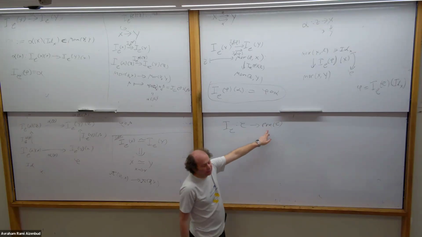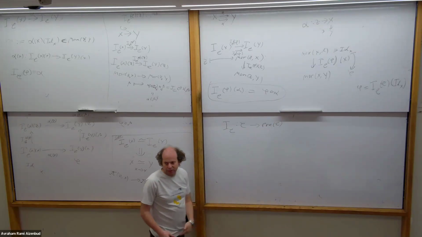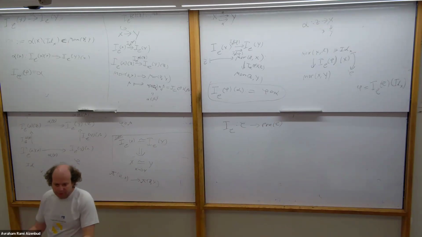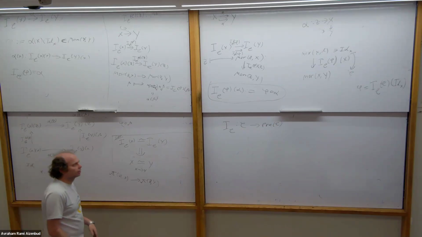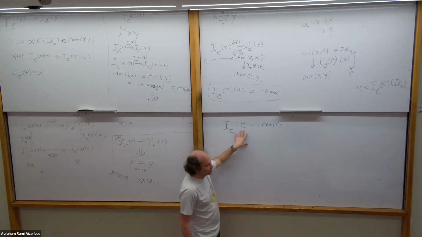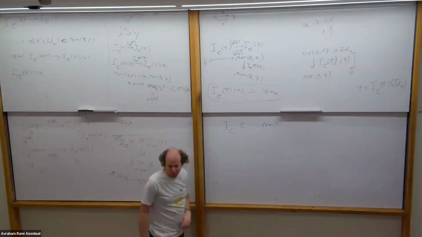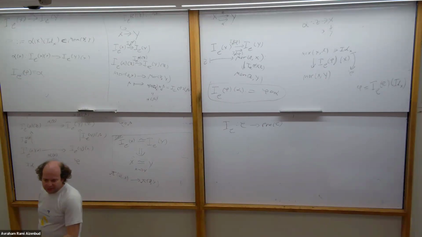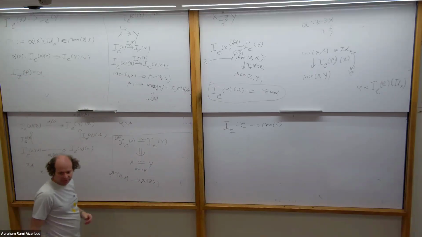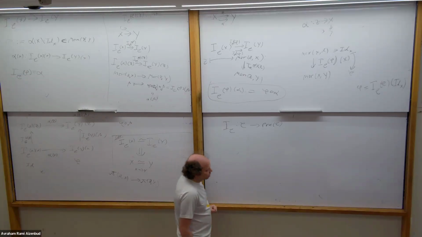And this category has all limits, which can be a way to construct limits in C. You take a diagram here, send it there, take its limit, and hope that it comes from an object of C. If so, you're happy. If not, it means that C doesn't have this limit.